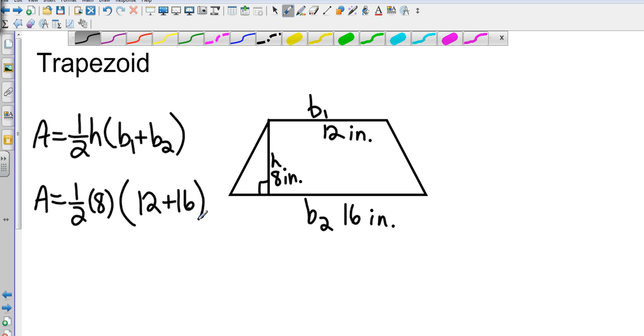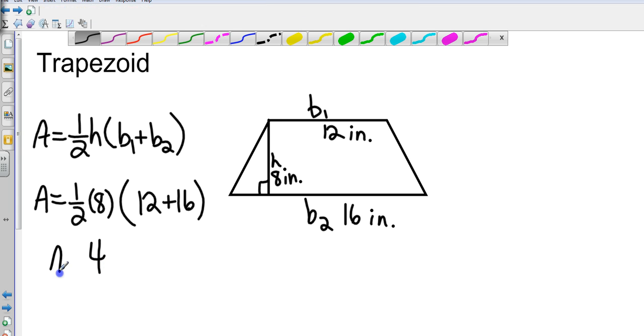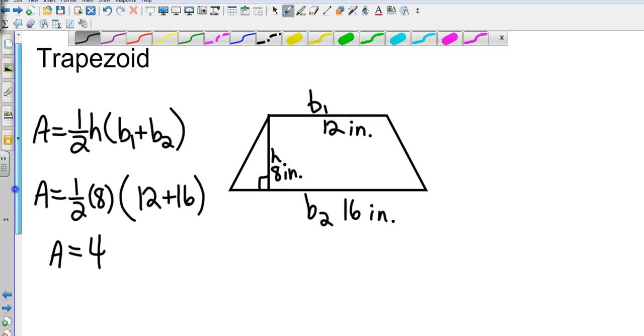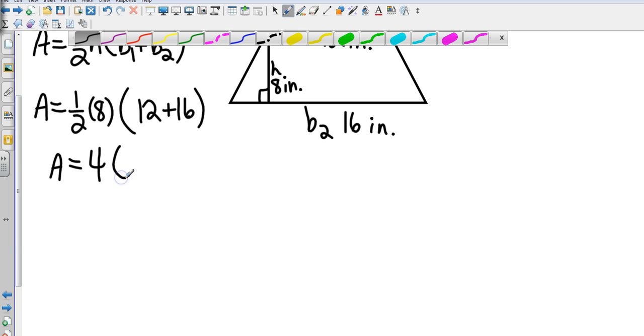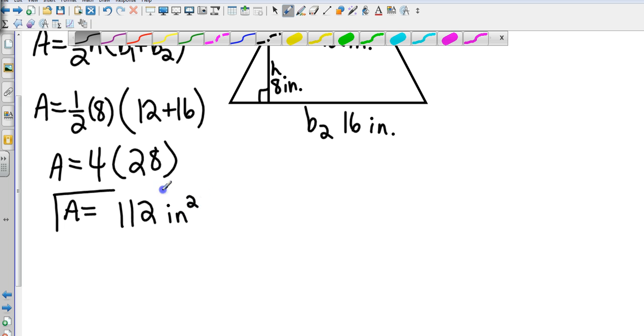So 1/2 of 8 is going to give me 4. So area is 4 times 12 plus 16, which is going to be 28 in this case. And so that's going to give me an area of 112 inches squared. All right, so that's trapezoids.